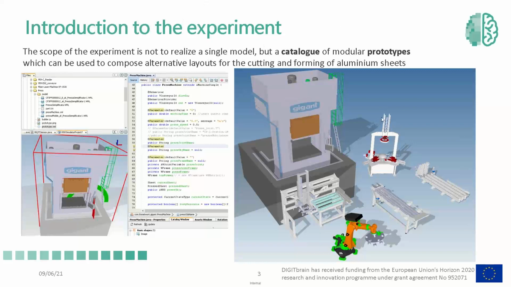You can see here that each of these 3D models is a prototype of a machine that can be combined to simulate the performances of a production plant.